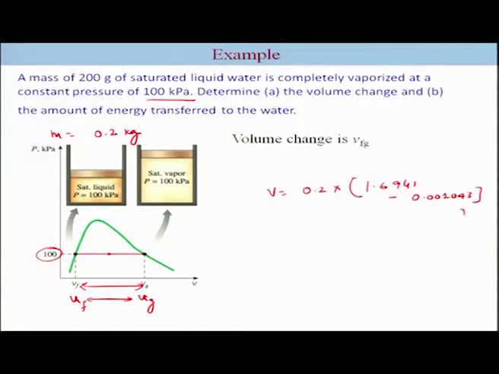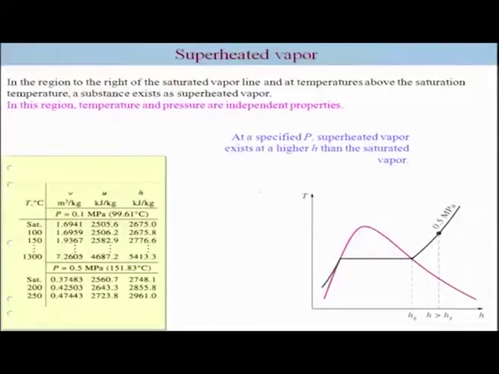So, that is going to be the volume change of the system, whereas U is going to be 2088.2, which is nothing but u_fg multiplied by 0.2, and that will be in kilojoules. Okay. So, that is the delta U transferred in the system, and this will be your delta V, the change in the volume. Okay. So, this is an example of using the saturated water tables.